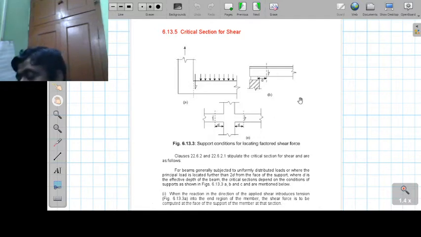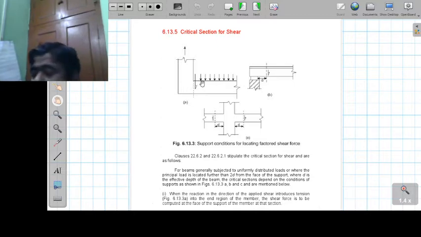The first figure says that when the reaction in the direction of the applied shear introduces tension into the end region of the member, the shear force is to be computed at the face of the support of the member at that section.